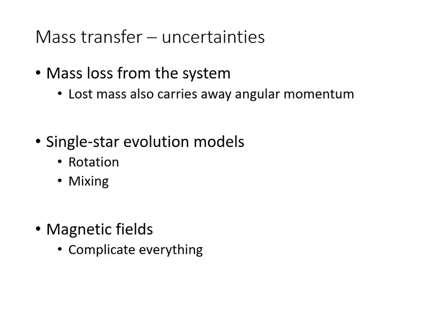One of the other uncertainties, of course, is the uncertainties in single star evolution models. You're relying on those to tell you when the mass is going to be transferred, what sort of size, and all the other parameters of the system. And there are all sorts of things that depends on: rotation and mixing of material in convective systems, it's tricky to work out.